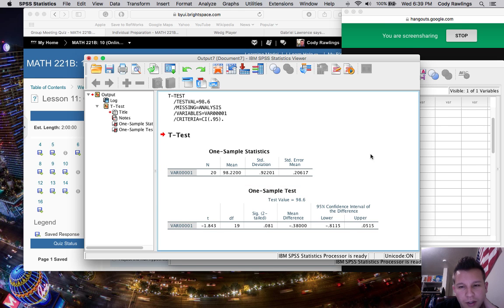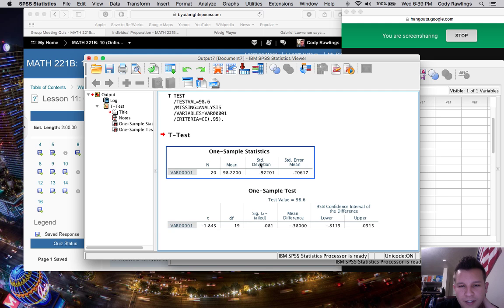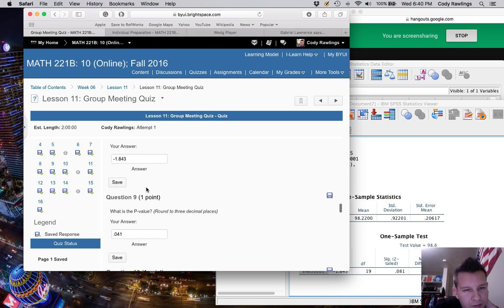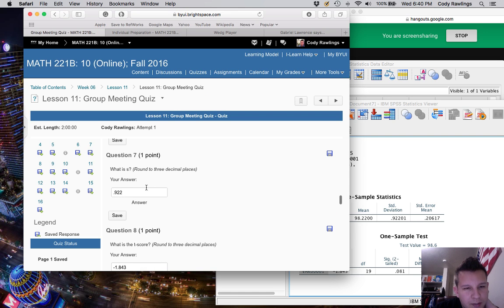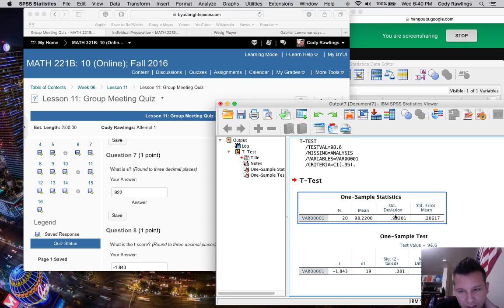Oh wow. Okay, so on my screen, the t-value is right there, and S is the standard deviation, so that's 0.922. That's right there. Our mean was 98.22, and this symbol is S for the standard deviation.